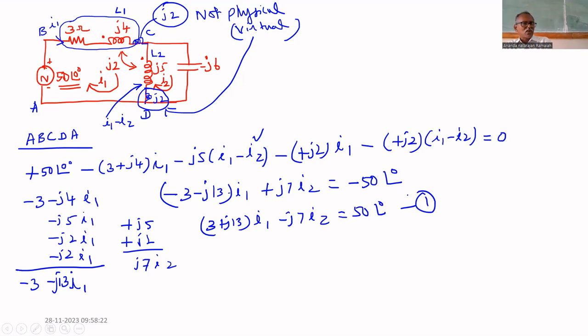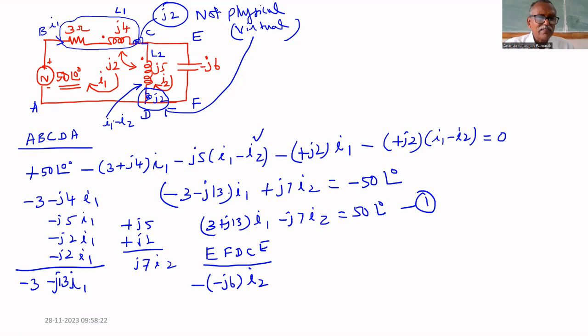Now we have to write the loop equation for the second loop. We are traveling for the loop E, F, D, C, E. If we travel from E to F, what is the current? I2. We are traveling along the current direction, that's why minus j6 I2.